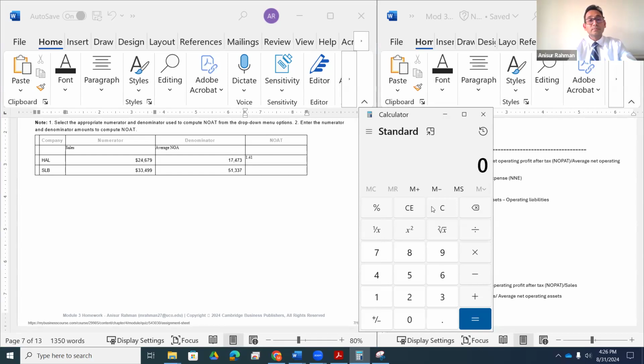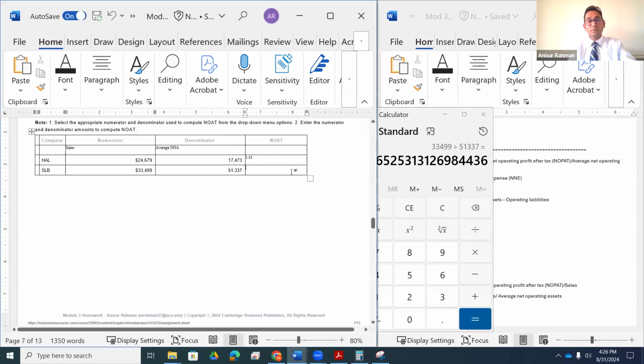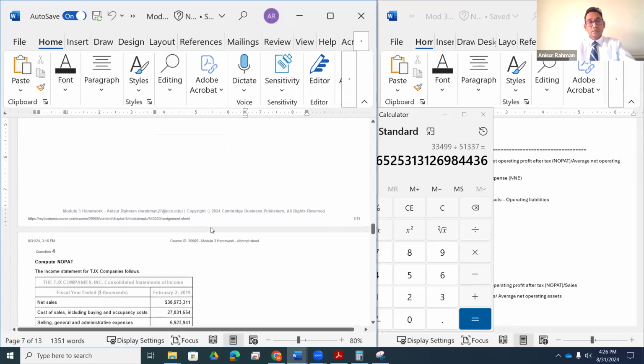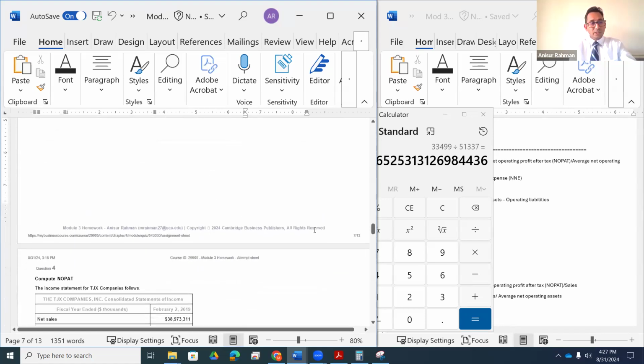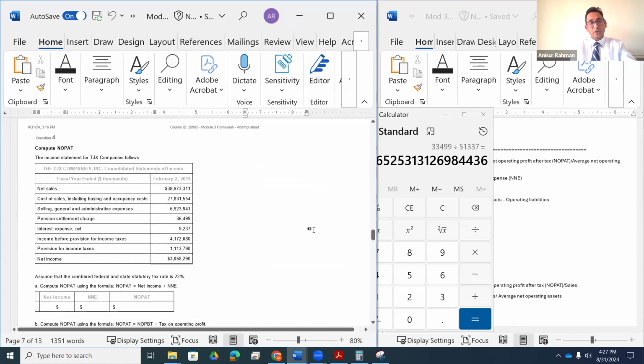Next one is six five. So that's the end of this problem. Moving on to the next problem.